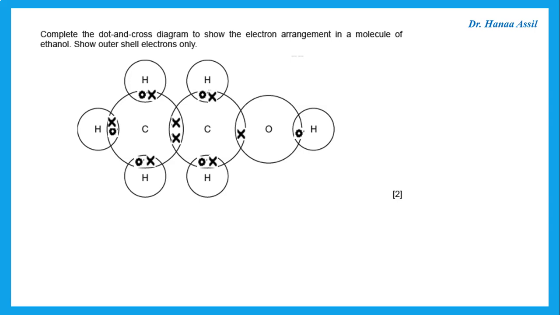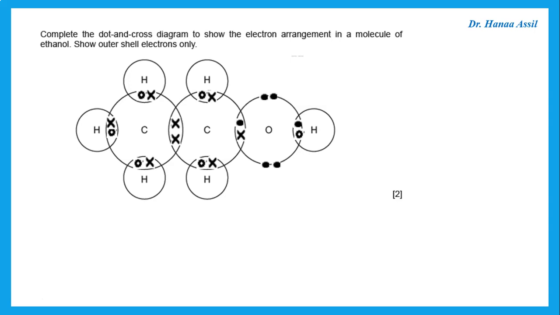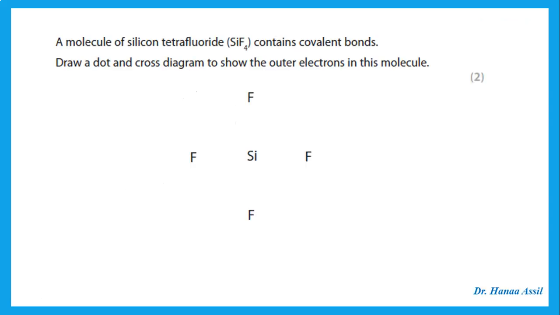It took 3 from hydrogen, so it's sharing 2 electrons with each of the hydrogens. Now, what about the oxygen? The oxygen has 6 and needs 2. So it's going to share 1 pair with the carbon, 1 pair with the hydrogen, and it still has 4 extra electrons not involved in the sharing. Can you see how we draw these things?